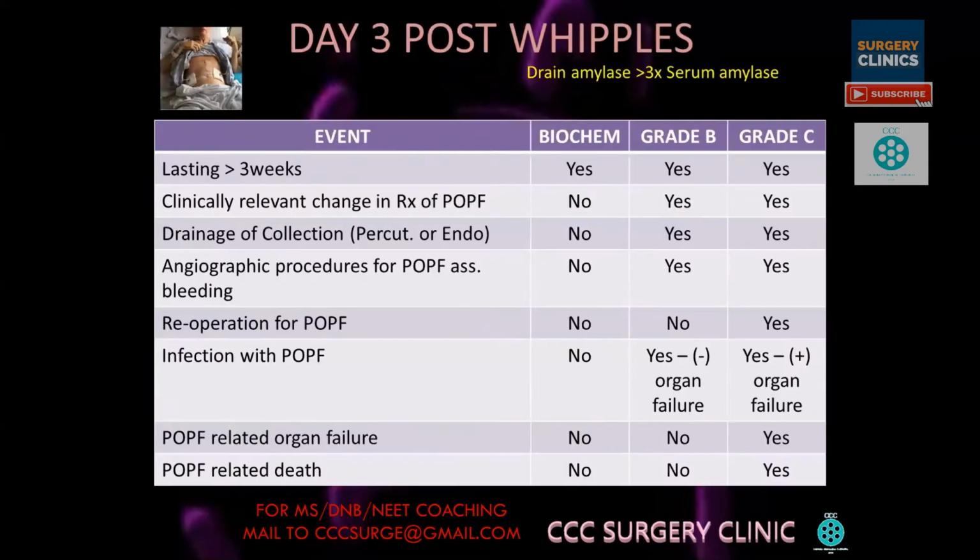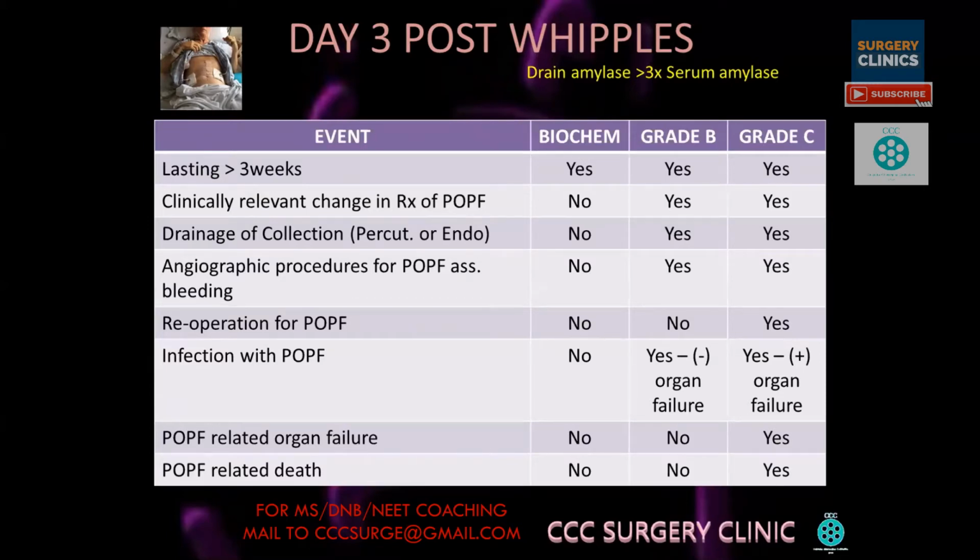So my question is, this is the gradation of a pancreatic leak. You can have a biochemical leak, which is grade A, or you can have a grade B or a grade C. So how do you differentiate between them? If it lasts for longer than 3 weeks, they all last for longer than 3 weeks.